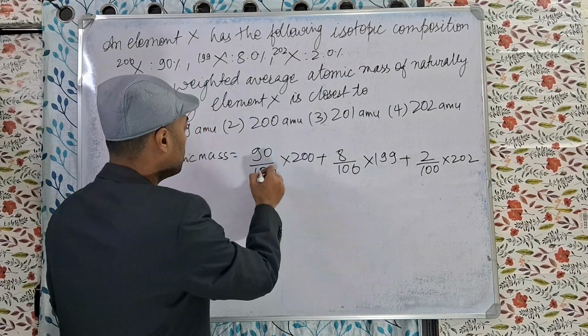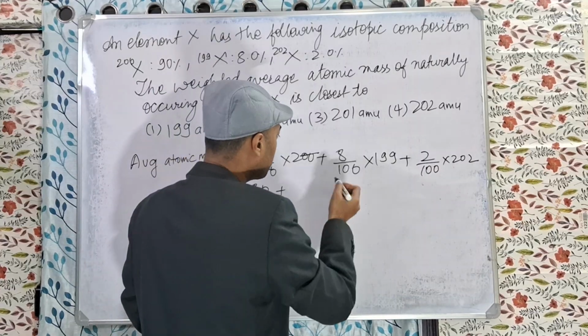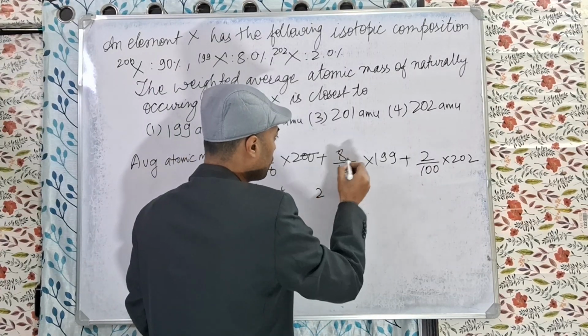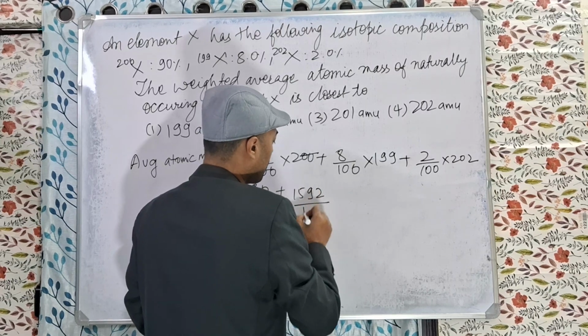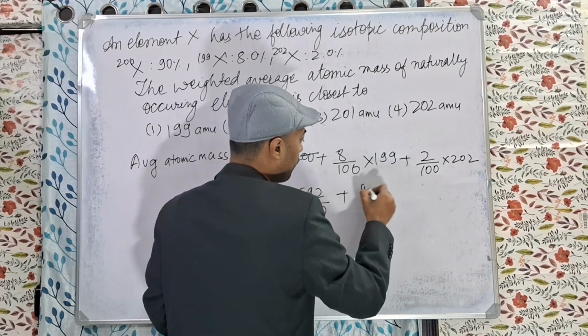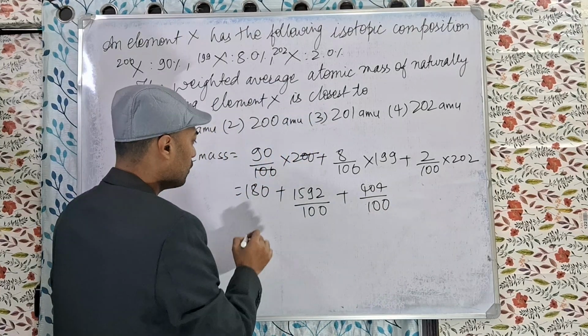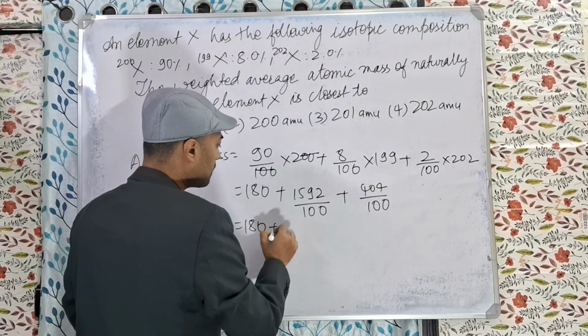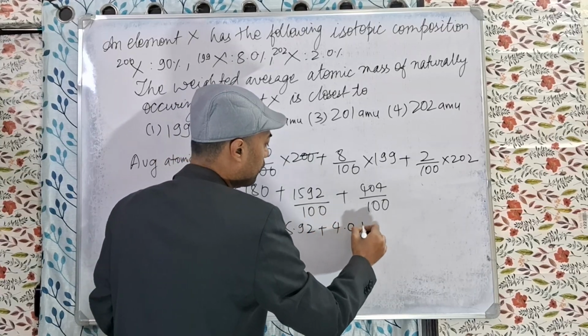Okay, let us solve it. This becomes 180. And 8 times 199 is 1592, so this becomes 1592 by 100, plus 404 by 100. So this becomes 180 plus 15.92 plus 4.04.